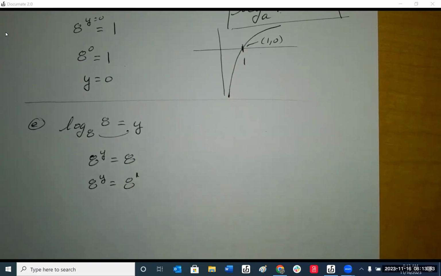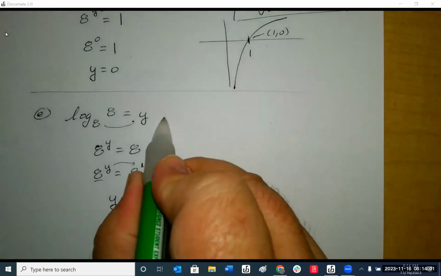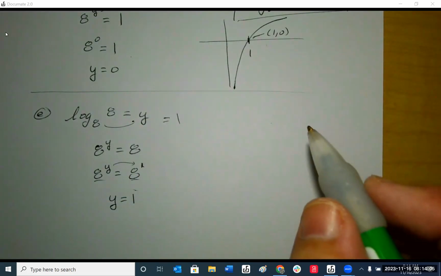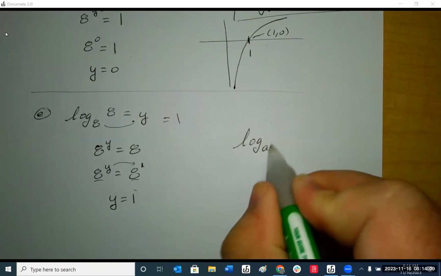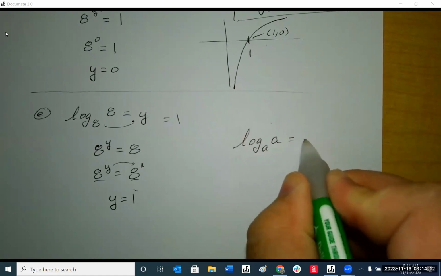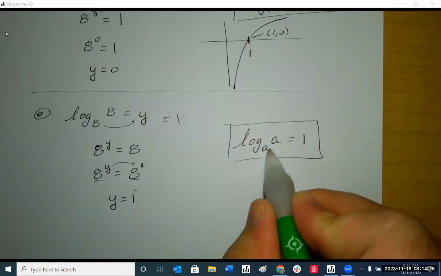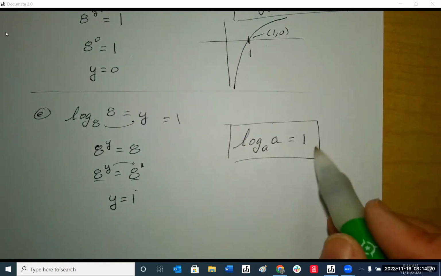It has a power of 1. Since the bases are the same, y equals 1. So the rule here: if the base and the number are the same, then it equals 1.